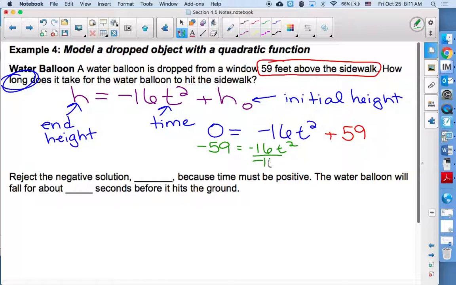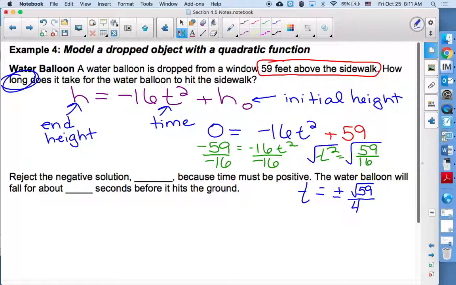Yeah, we're going to divide by negative 16. So we want to get rid of that number first. So t squared is going to be equal to 59 divided by 16, because a negative divided by a negative is a positive number. And then you would square root both sides. And I get t equals plus or minus the square root of 59 divided by 4.